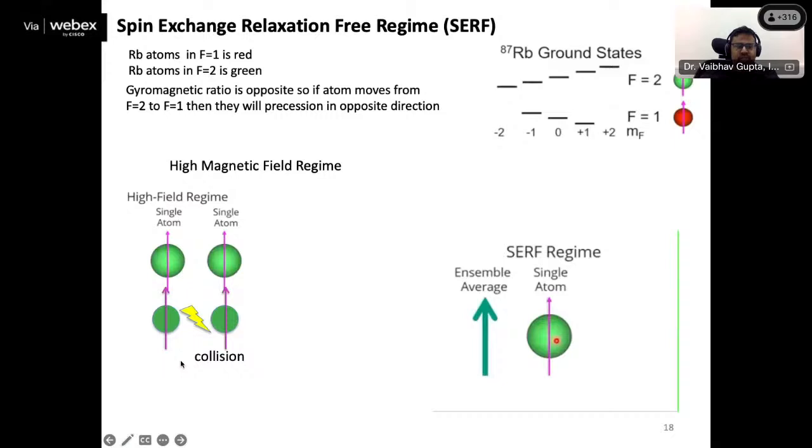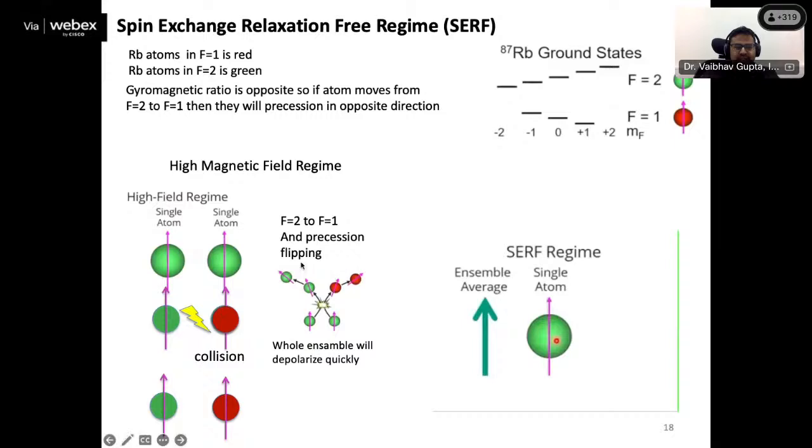Now suppose some collision happened between these two, so a collision between the rubidium atoms. Because of the collision, they will come from F2 to F1, and once they come from F2 to F1, the first thing is that the color will change to red, and what happens next is that one will move in the same direction, but the other one will move in the opposite direction.